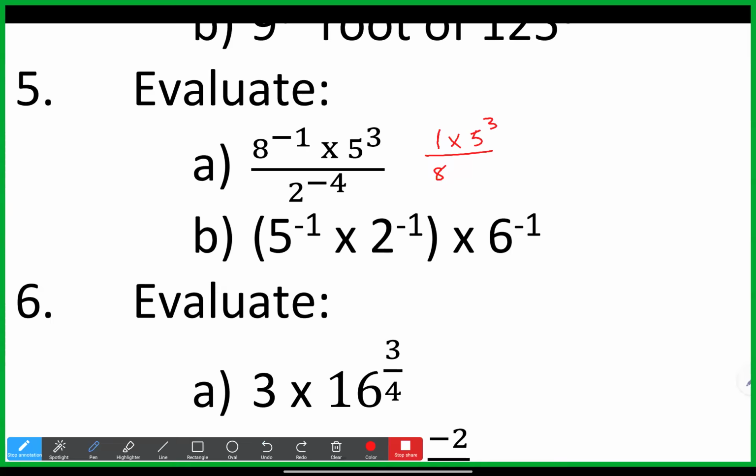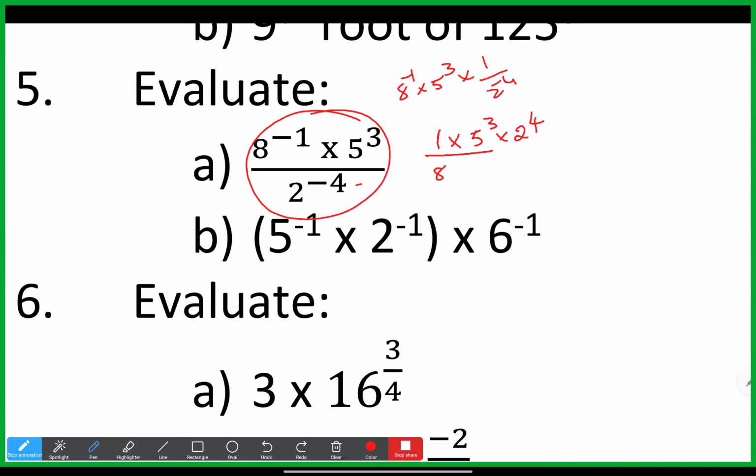Then 2 power minus 4. This is actually 1 by 2 power 4, you can imagine. Sir, 2 power minus 4, simply if we take it to the numerator, it will become 2 power plus 4. Yes, sir. How? Because you can just imagine this as into 1 by 2 power minus 4. Separately, 8 power minus 1 into 5 power 3 into 1 by 2 power minus 4.